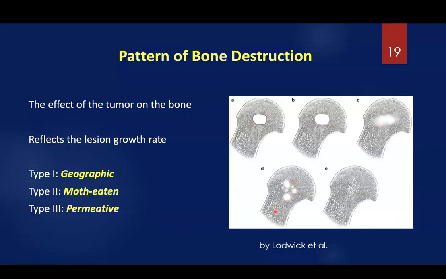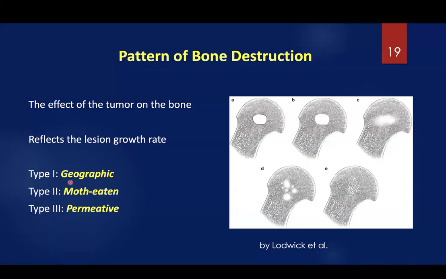By moth-eaten, we mean tiny little holes within the bone, and this is typically a description of multiple myeloma. While permeative is something growing and destroying the bone, but you don't know where the beginning is, where the end is. This is called the Lodwick classification of patterns of bone destruction. So remember: geographic, moth-eaten, and permeative.